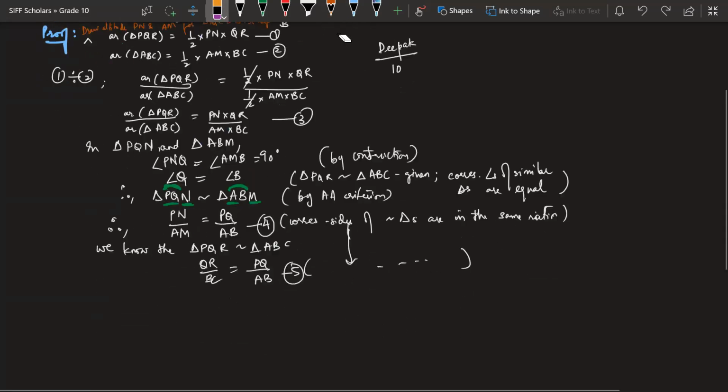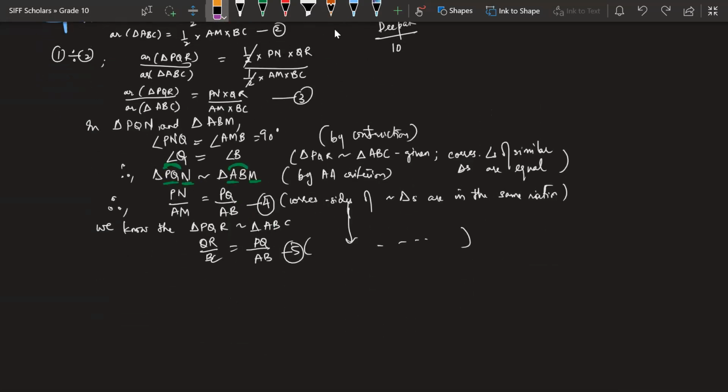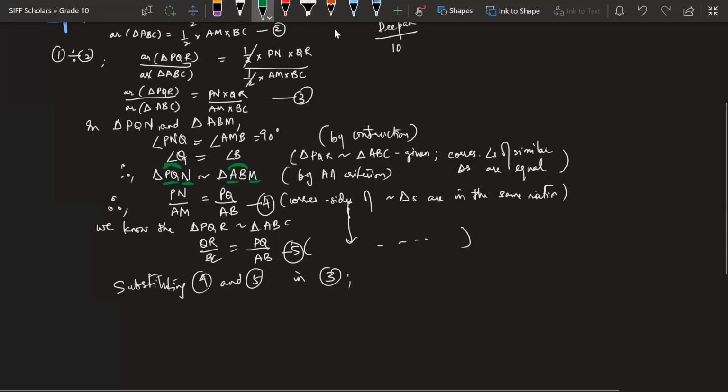All right. So that's what I'm going to do right now. I'm going to substitute 4 and 5 in 3. From equation 4 I am taking this here.